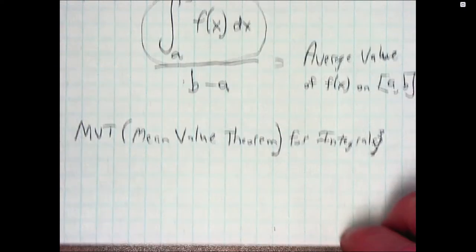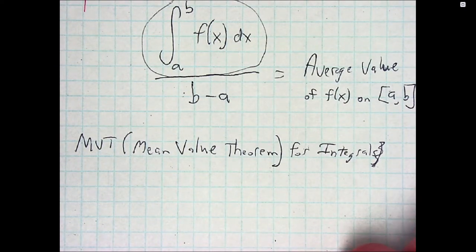is that a continuous function has to equal its average value at least once on the interval.